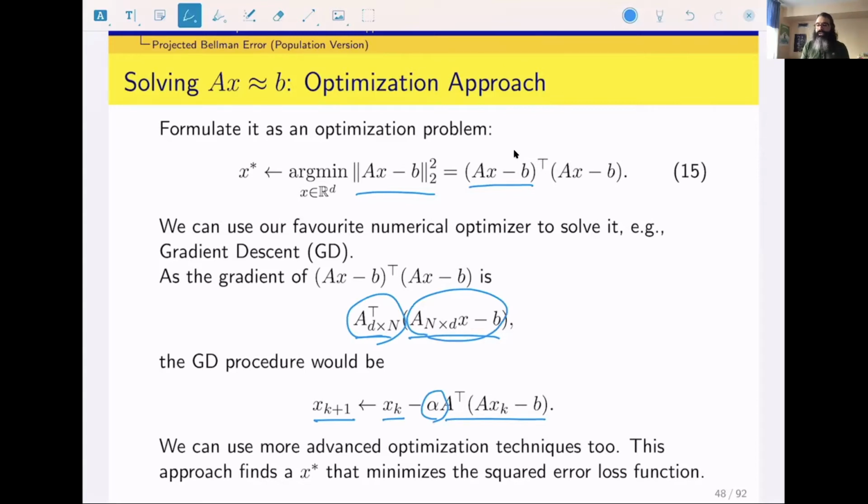Hopefully it converges to some point if we set alpha properly. What this minimizes is the squared error loss function. So this is gradient descent, but we could use other, more advanced methods too, like conjugate gradient or Newton's method. I mean, probably we don't want to use Newton here. Okay, is this clear?